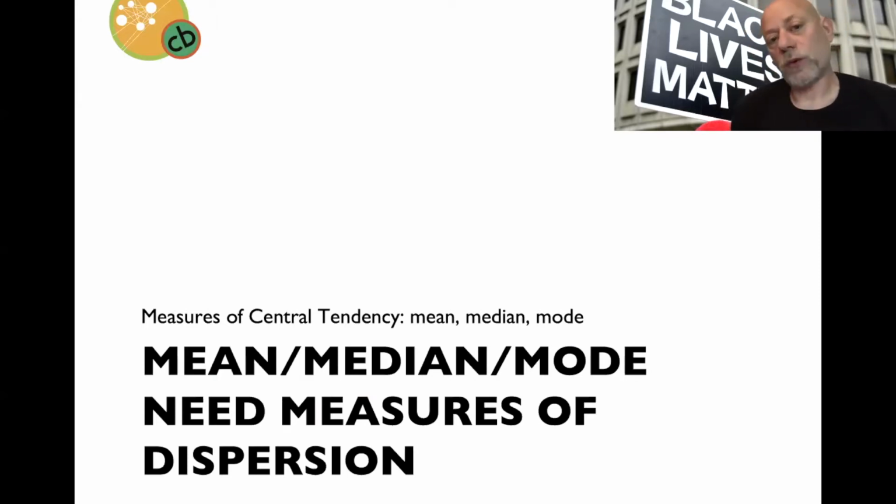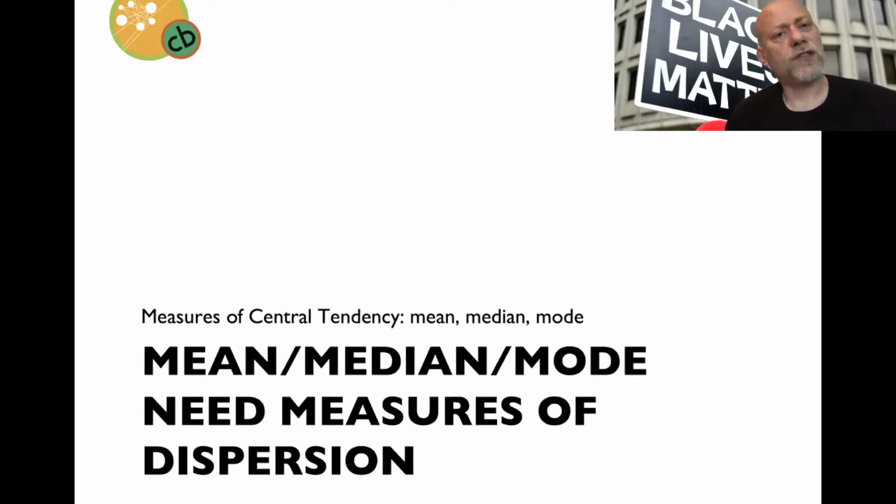So one of the things on our checklist is this idea. When people report a measure of central tendency, that's a mean, a median, or a mode, they should always be reporting at the same time a measure of dispersion. Pretty much the only time that you won't see this, or that you don't need to see it rather, is when someone is doing their evaluation on a single blind test set.